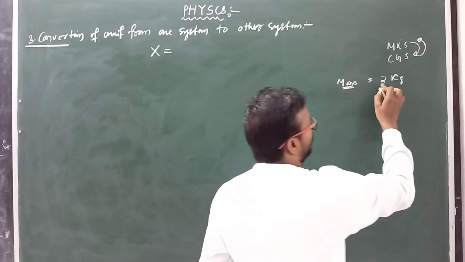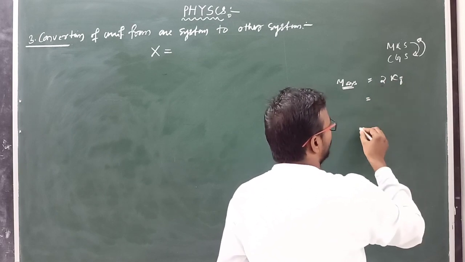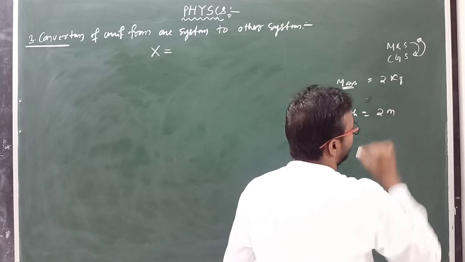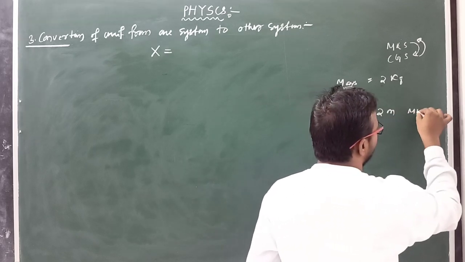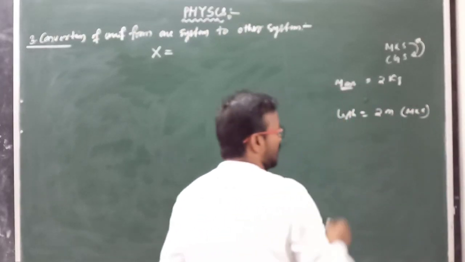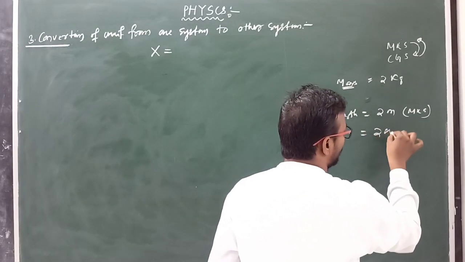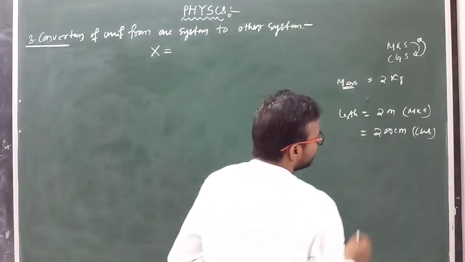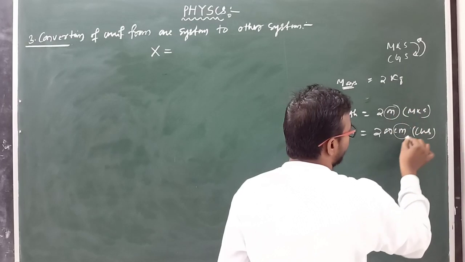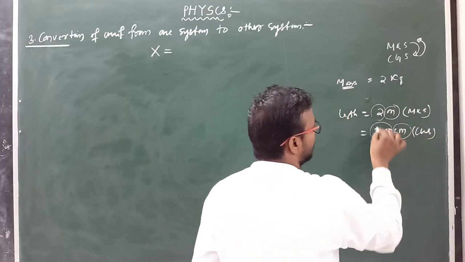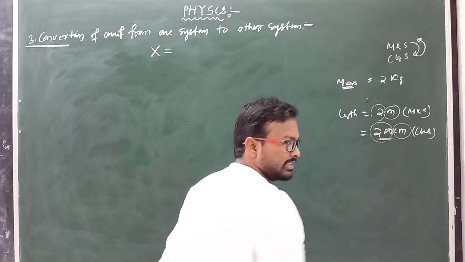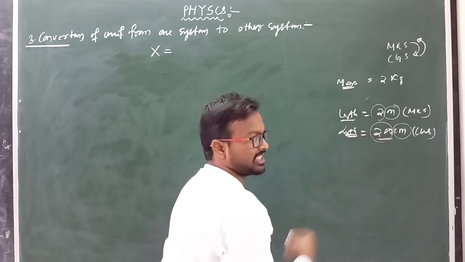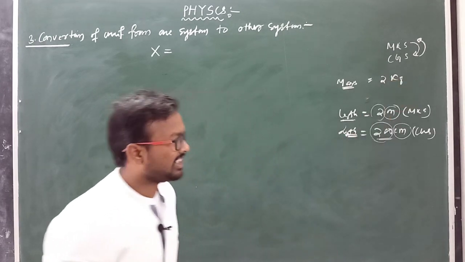Or if we take length, it is equal to 2 meter in the MKS system, or you can write this as 200 centimeter in the CGS system. Clear? So here the unit changes from meter to centimeter and the numerical value changes from 2 to 200, but the physical quantity length remains constant. Similarly you can write 2 kg equal to 2000 gram.